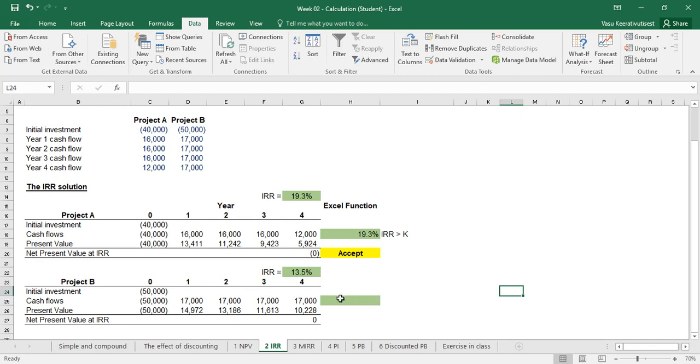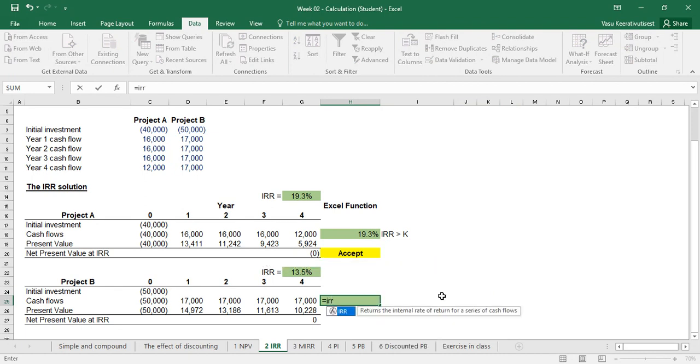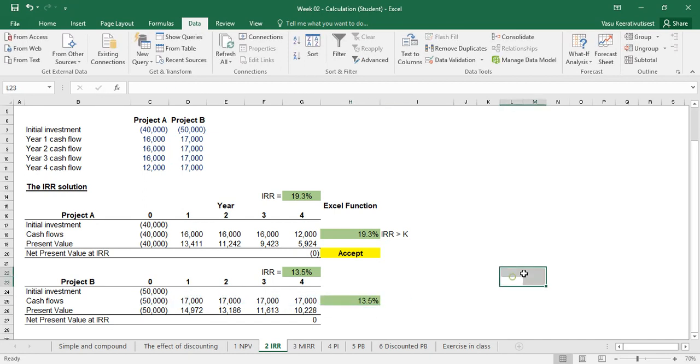13.5%. And we will use the Excel function, just equal to IRR, open parenthesis, and then you click on all cash flow here, you close parenthesis. You see, right now IRR is 13.5%. So you can see that IRR right now is less than K. Okay, so our decision is that we reject this project.